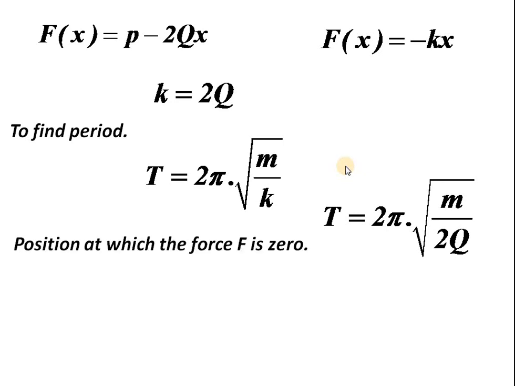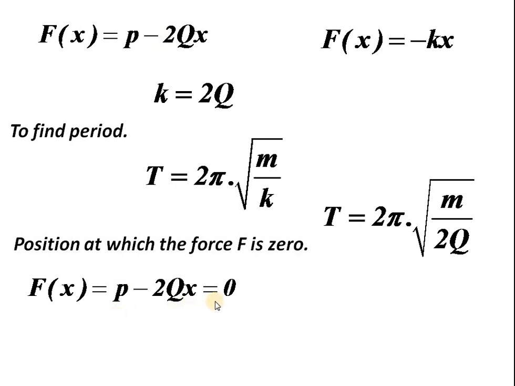And what is the next question? What will be the position of the body when its force is 0? Force is explained with this equation, so at some point force can be 0. Wherever force is 0, you can equate this equation with 0.